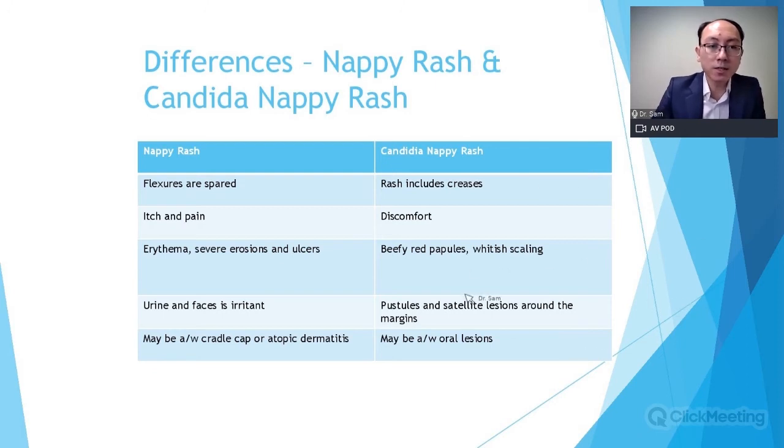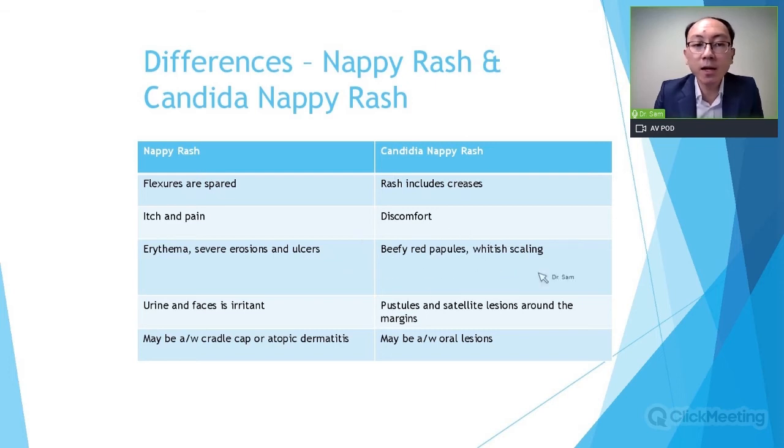So what is the difference between nappy rash and Candida nappy rash? I think there are two main features here. First is the flexure. In nappy rash, the flexures are spared. In Candida nappy rash, the flexures or your creases will be involved. In nappy rash, the rash will be erythema and there can be severe erosion and ulcer.